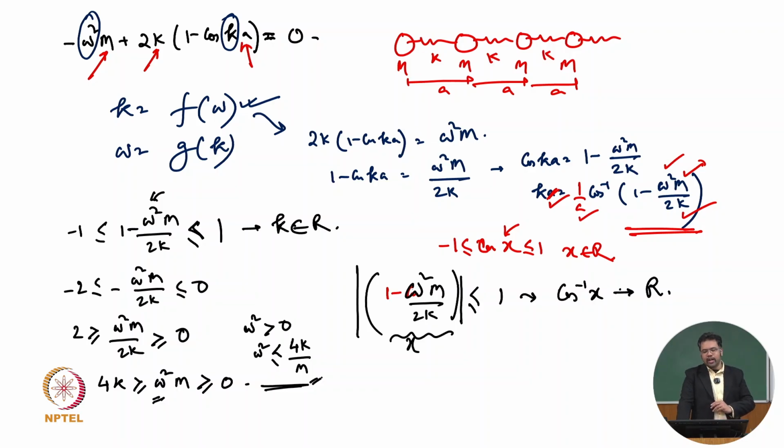Very good. Now let's see if kappa becomes a complex number. What can we get? What does that mean? By the way, up to this stage is very clear. Is it? Up to this stage is clear to all of you that it is restricting up to that certain value. Perfect.